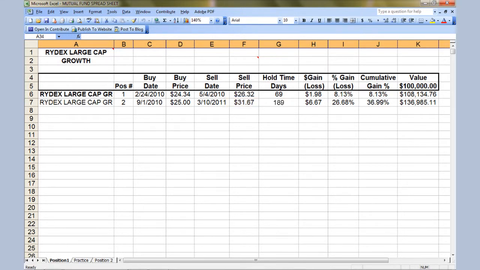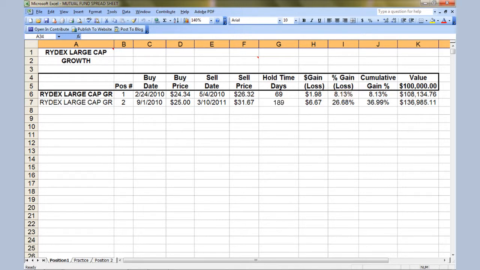As we enter the information for position number 1, we find that in 69 days, we realized a $1.98 gain and an 8.13% percentage gain.